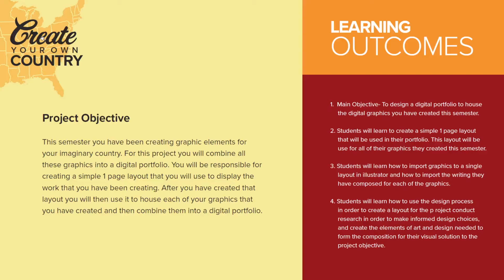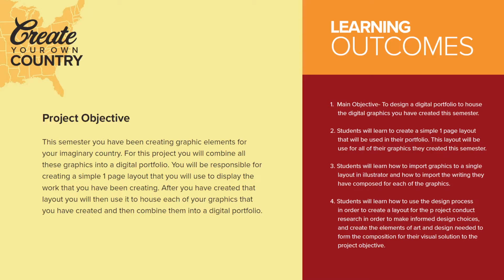So the learning objectives. The main objective: you will learn how to design a digital portfolio to house the digital graphics that you have made this semester. Number 2, students will learn to create a simple one-page layout that they will use consistently throughout their portfolio. This layout will be used for all of the graphics that they have created this semester.